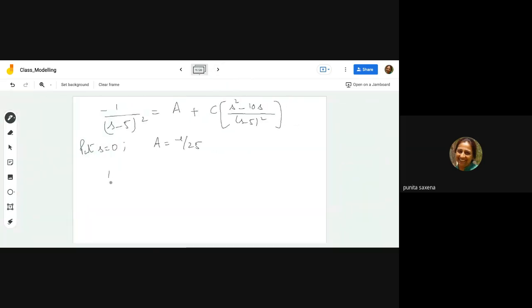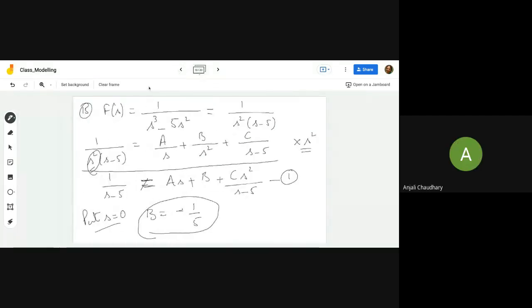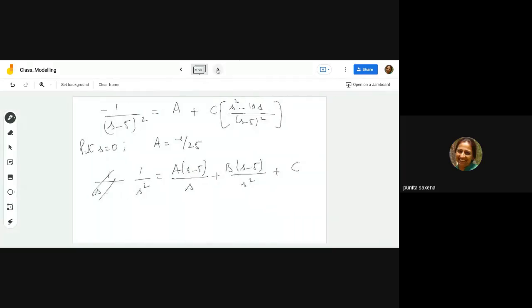What do I get? 1 upon s square equals A into s minus 5 by s plus B into s minus 5 by s square plus C. Now put s equal to 5.